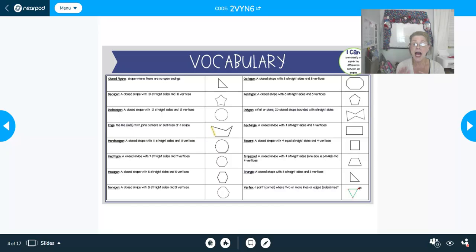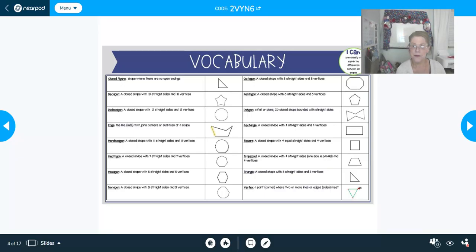An edge, a line or side that joins corners or surfaces of a shape. So really it's just the line of a side of a shape. So if we're looking at this being a shape, edge would be just kind of the line of a shape.